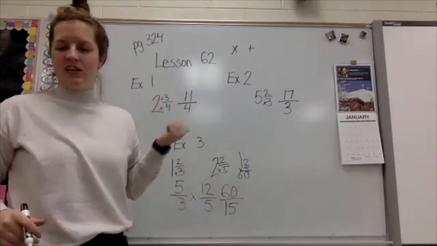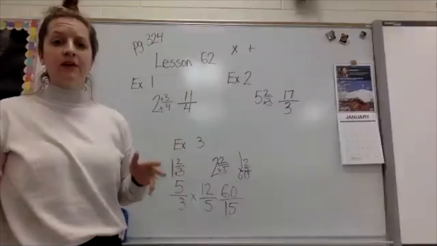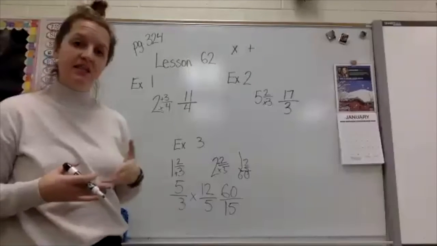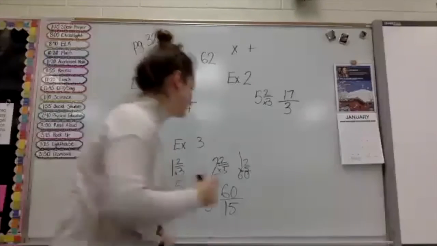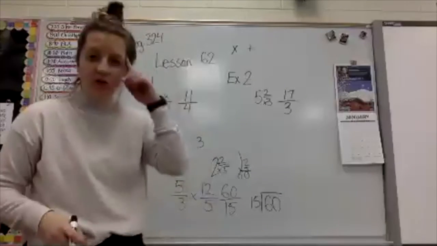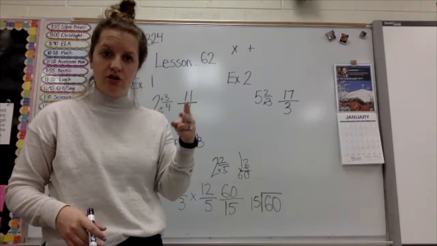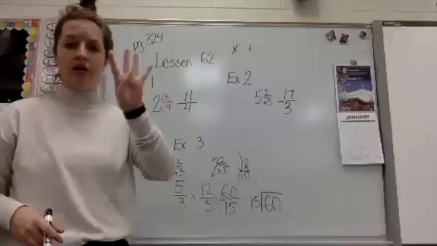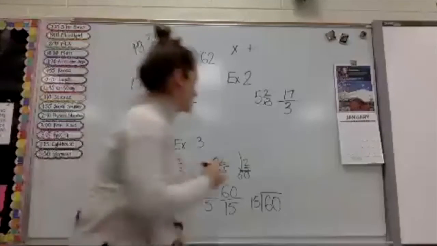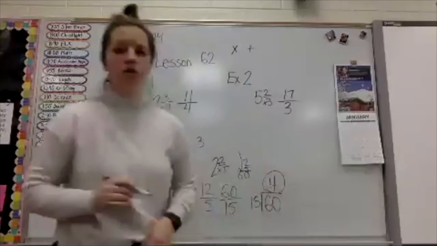And we can't leave it like that, 60 over 15. You can simplify that, or I'm just going to divide 60 divided by 15. I think of a clock whenever I'm dividing by 15. I know it's 15, 30, 45, 60. So I know 15 goes into 60 4 times, and that's evenly, so I'm just left with 4.